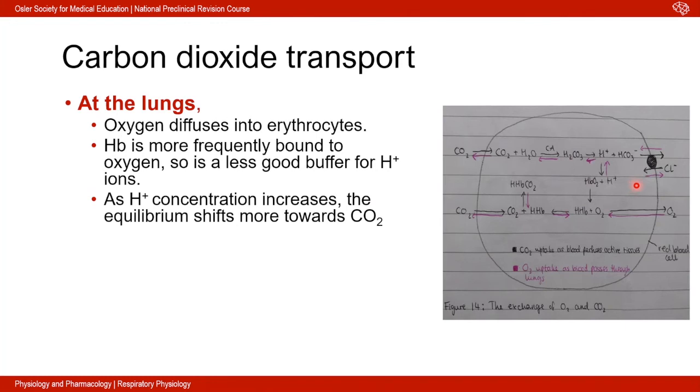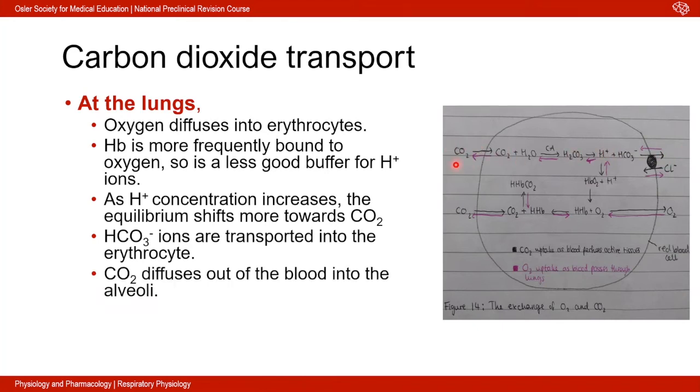And so as this H+ ion increases, it means that the equilibrium here is going to shift more towards the CO2. And that means we're going to get more HCO3 ions transported in to help us with this equation here. And we're going to get more CO2 being transported out and into our alveoli to be expired in our expired air. Does that kind of make sense?